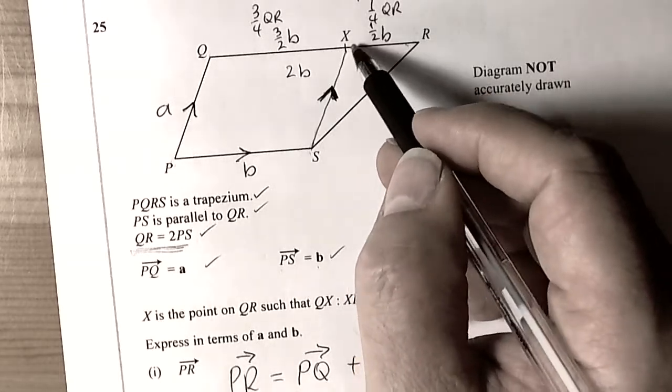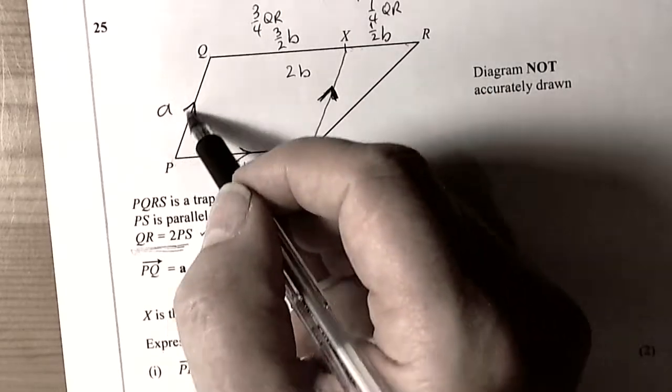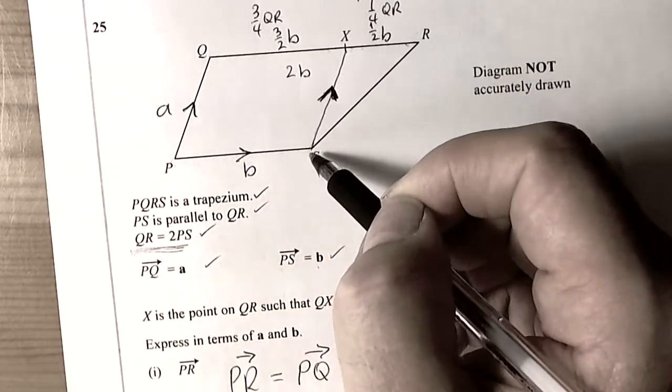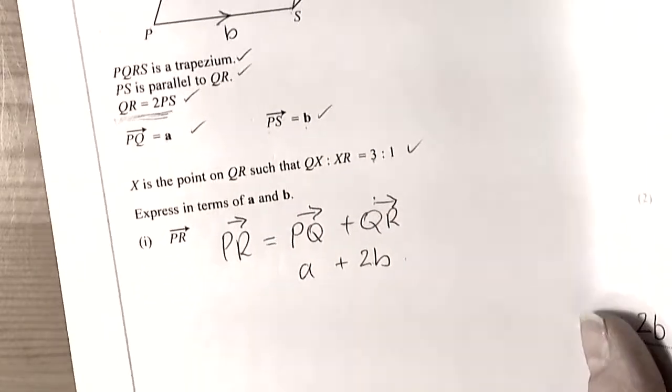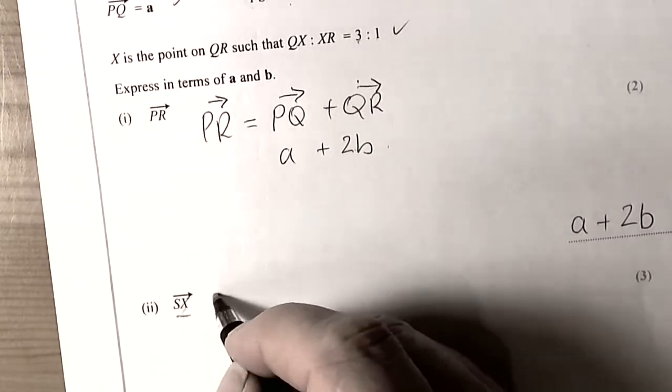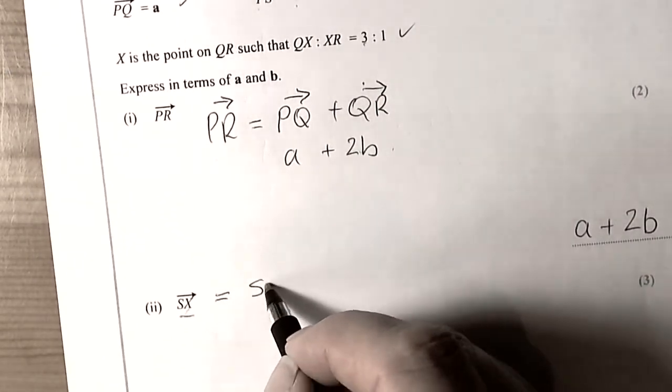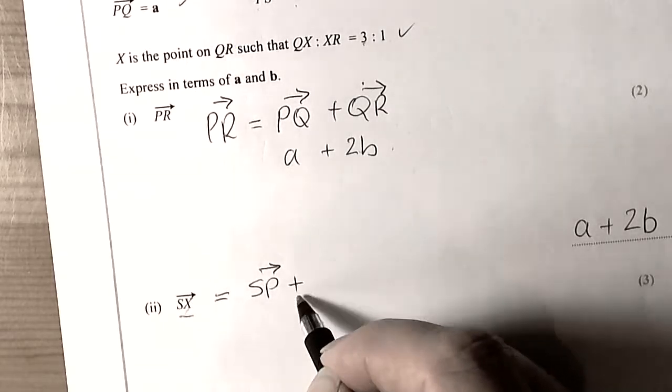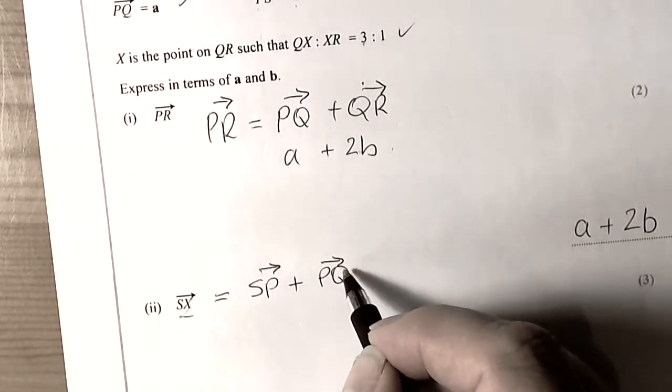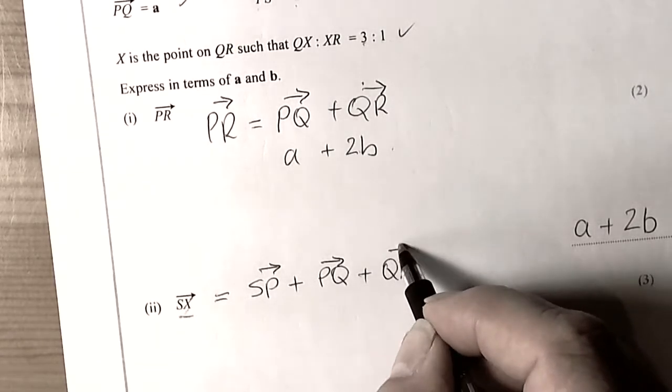Doesn't matter. The answers will be the same. As I know everything going in that way, I'm going to go from S to P to Q to X. So we write out what we're doing, as we would in the exam. So SX is equal to the journey SP plus PQ plus QX.